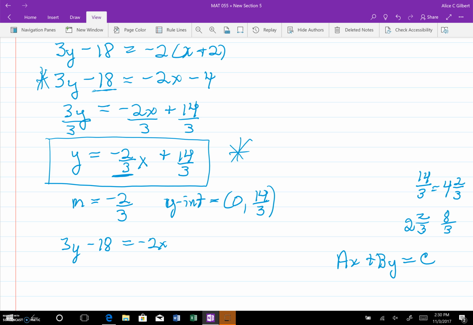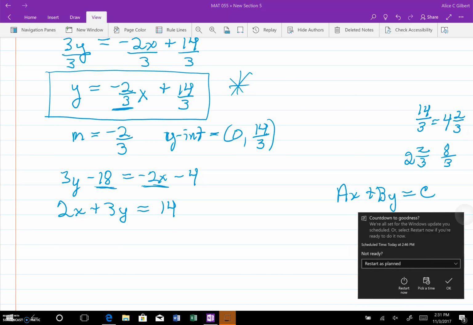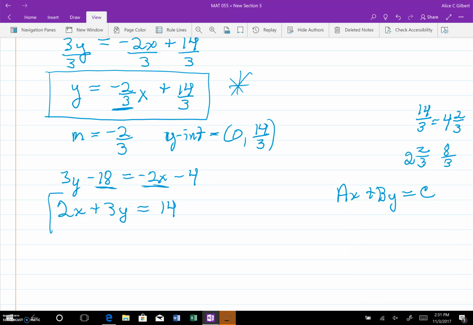So I have to have my x and y on the left side and everything else on the other side. So this guy I'm going to add to both sides, and then this guy I will add to both sides. So then I get 2x plus 3y equals 14, and now it's in standard form, and that's what you would write for the final answer.